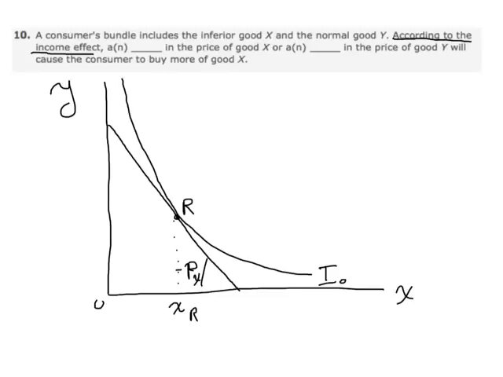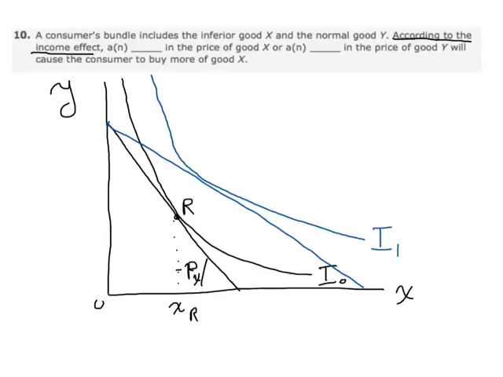So let's have the total effect be in blue, and let's do a price reduction in good X. So the new price of X is smaller, so the new curve is flatter, and we have some new tangency, call it I1, and we'll call that T. So we've got to decompose the substitution and income effects here.